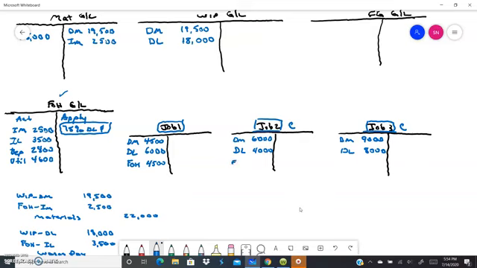Factory overhead for job 2, because remember, this is at the end of the period, and now we know how much our direct labor costs are. 75% of 4,000 would be 3,000. And 75% of 8,000 would be 6,000. And so if we add up all those factory overhead amounts, that would be a total that goes into work in process of 13,500.